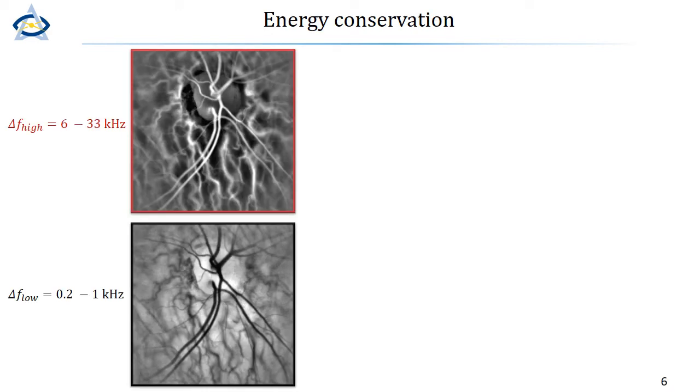So why exactly are power Doppler images showing vessels with a dark contrast at low frequency? Our explanation is based on energy conservation. Here we are considering power Doppler images for a high frequency range, here 6 to 33 kilohertz, and the ultra low frequency range, 0.2 to 1 kilohertz.